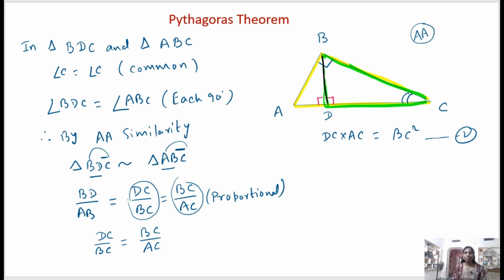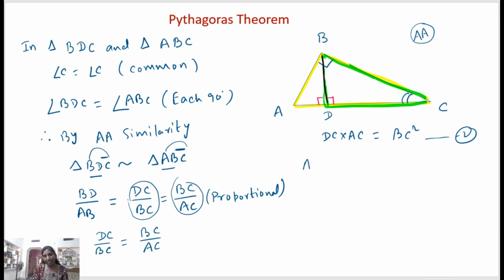Okay. So in the previous slide we have marked equation number 1. Here we have equation number 2. Now adding equation 1 and 2. We get, left hand side and left hand side will be added.